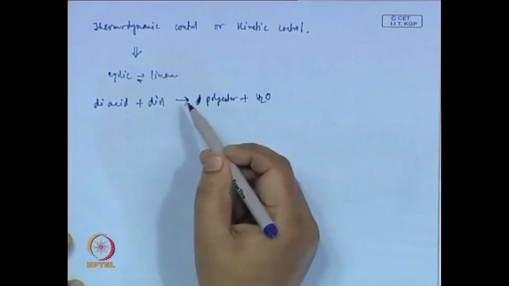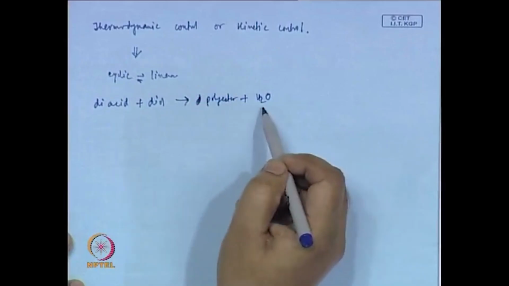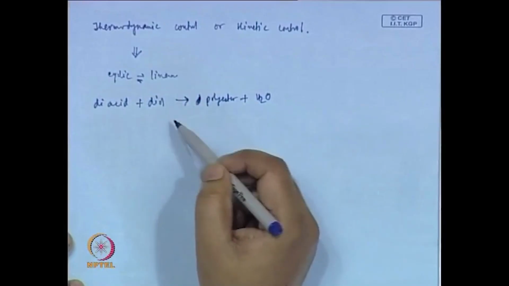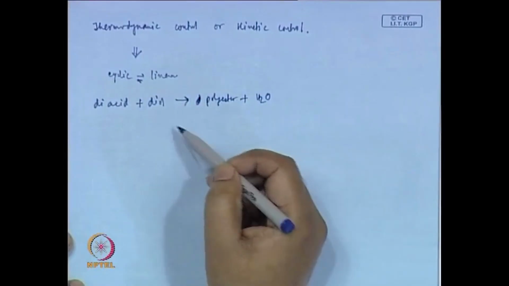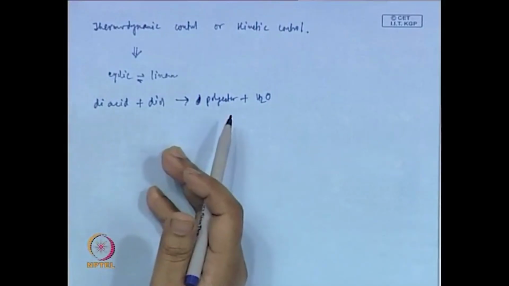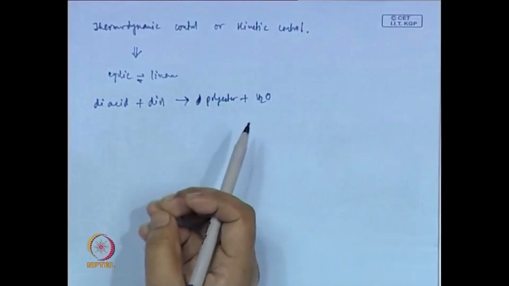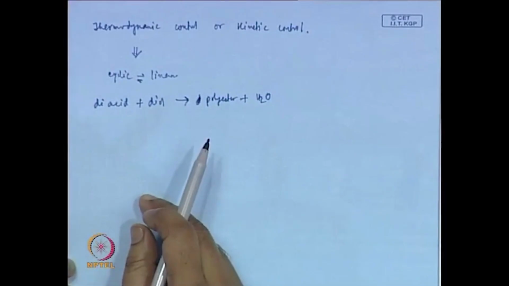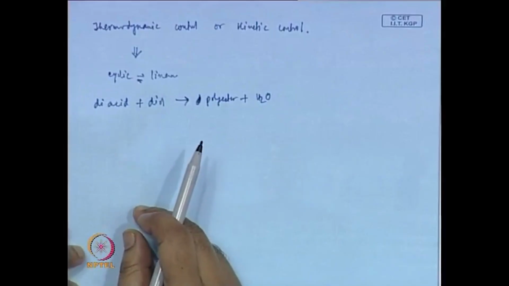As you can see, as long as H2O is present in the medium, it can take part and hydrolyze the cyclic molecules, so that the cyclic molecules open up and take part in further linear polymerization, and new small cyclic molecule formation takes place and so on.